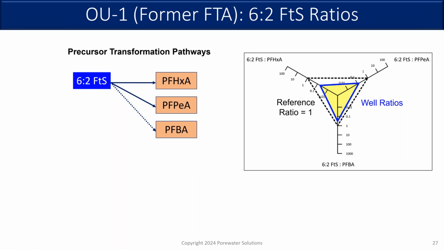So if the parent species starts to decline in concentration because it's biodegrading, and the daughter product's going up, then the ratio is getting smaller. So these ratios will decrease as you go along a flow path if the precursor is biodegrading to these daughter products. So that's one thing we can look for, is changes in the ratio where the ratio gets smaller along a flow path.